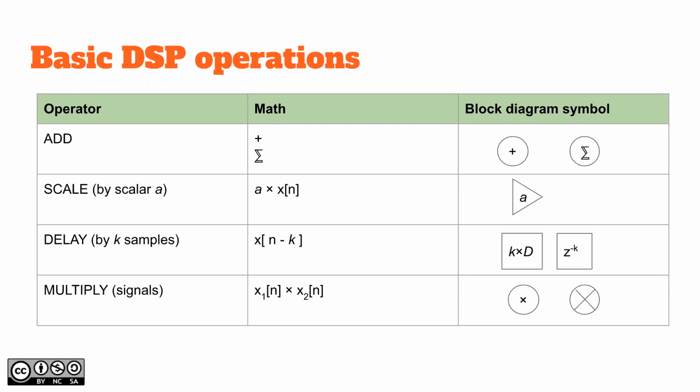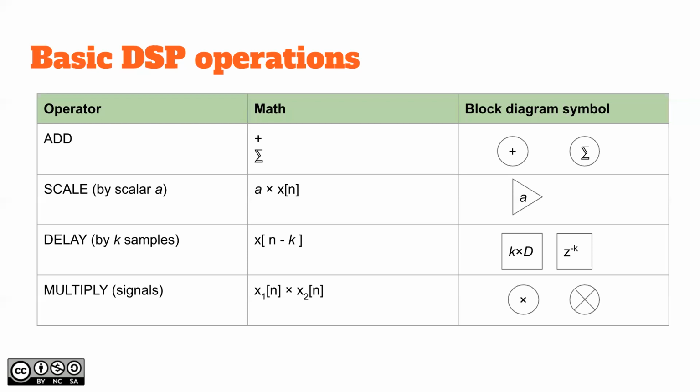Then the third operator is the delay by k number of samples. In mathematics, it looks like x of n minus k, where k is the number of delays. And the block diagram symbol is either k times D, where k can be any constant number.